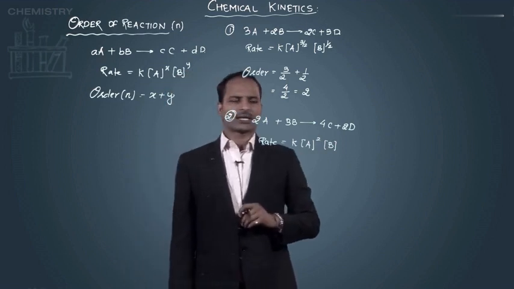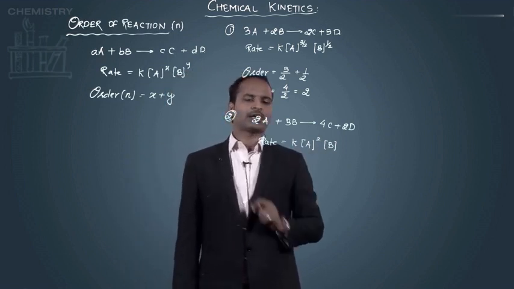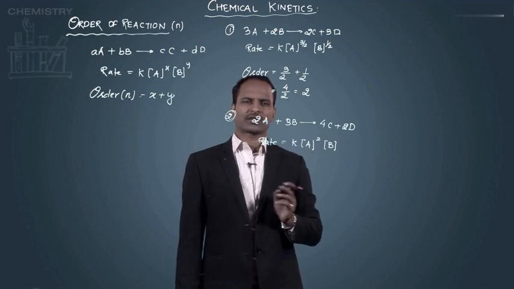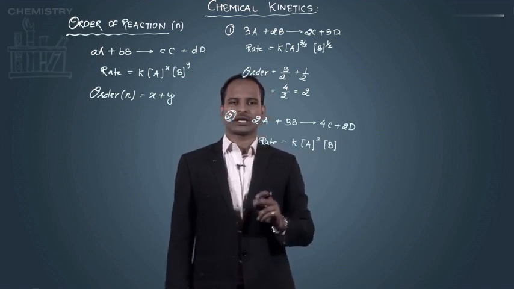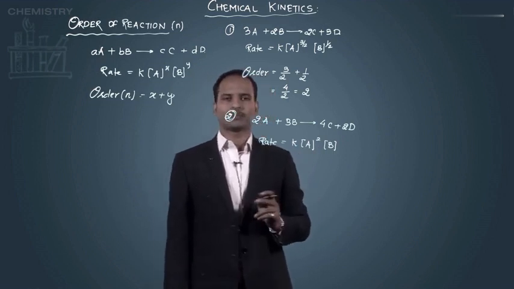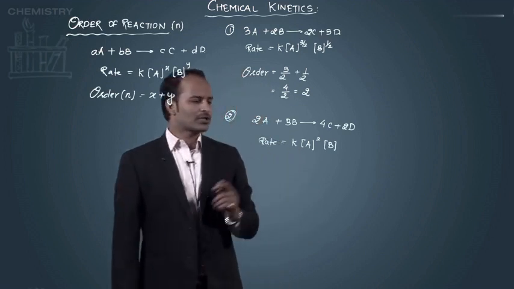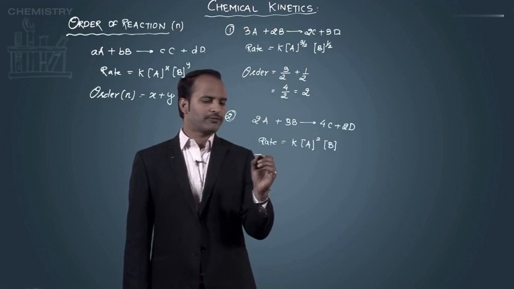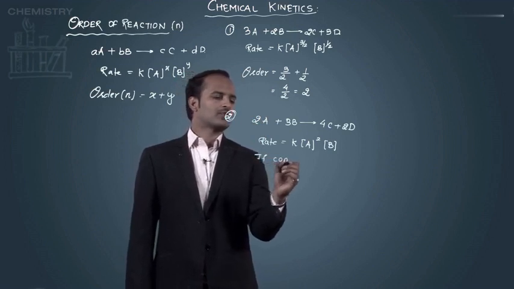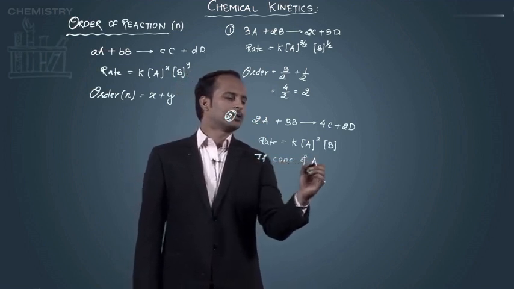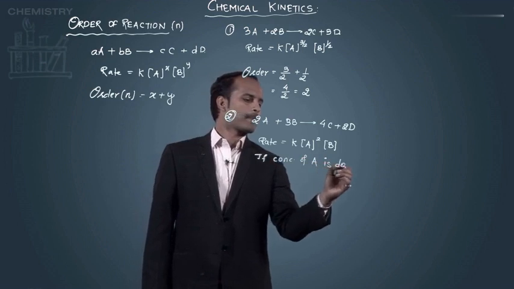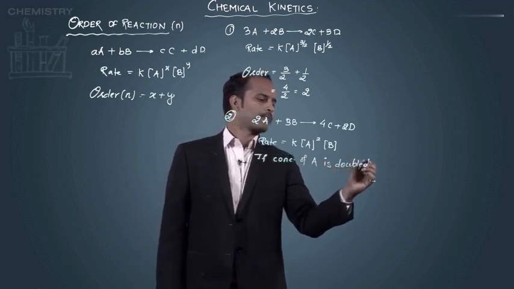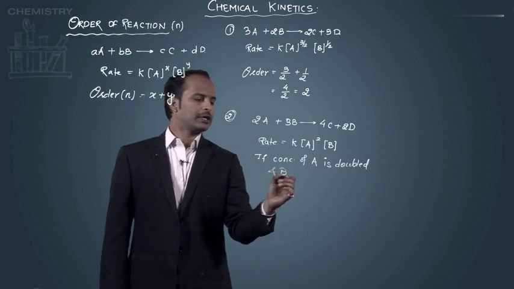The question is, what will be the new rate of reaction when the concentration of A is doubled and B is halved. So the question is, what will happen if A is doubled and B is halved.